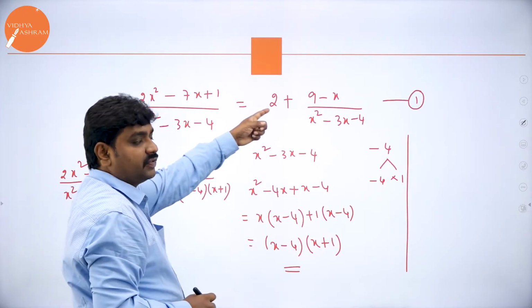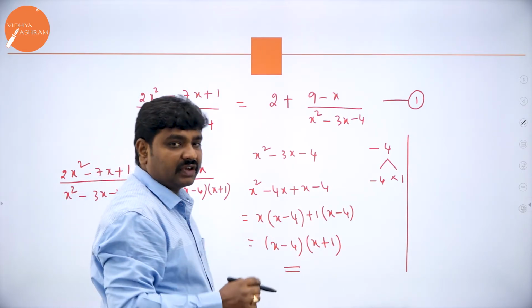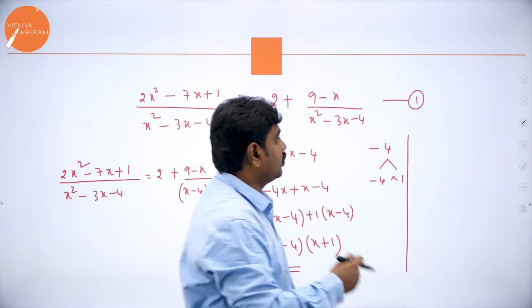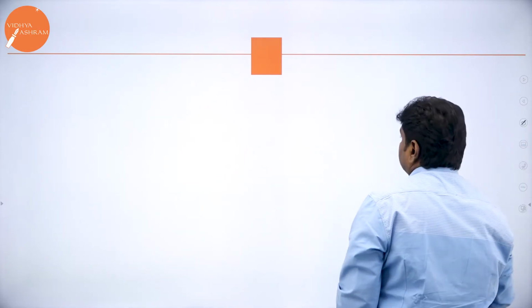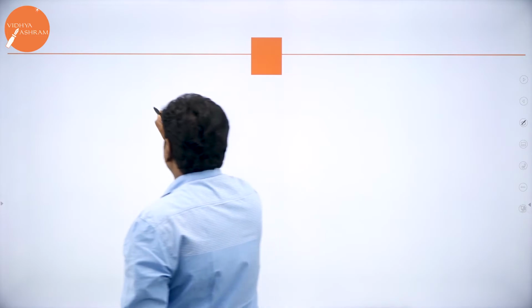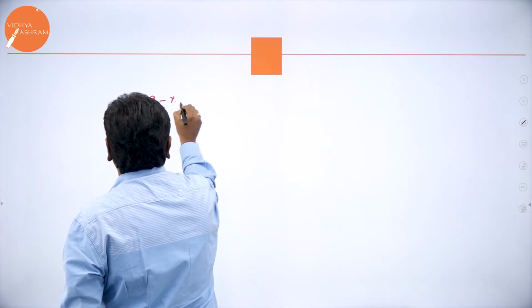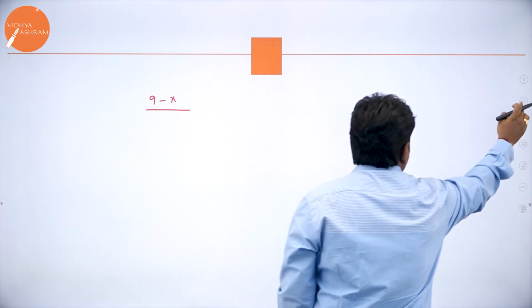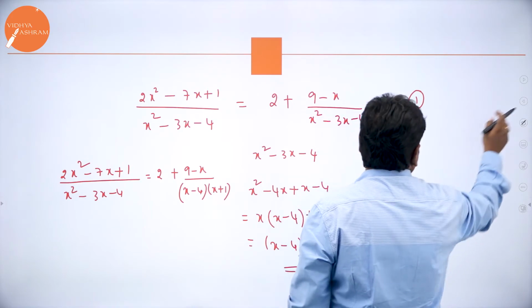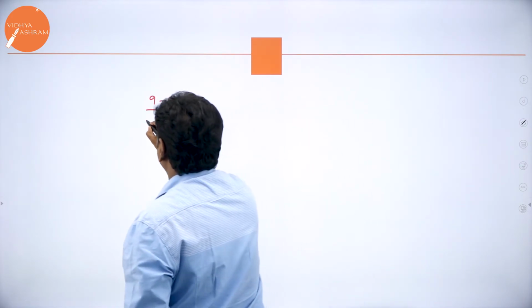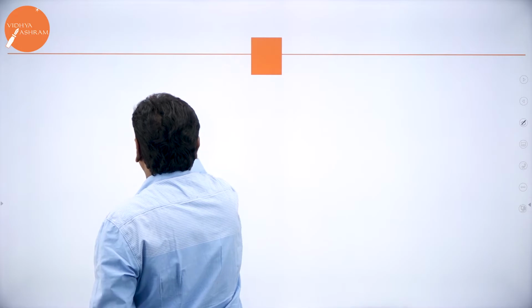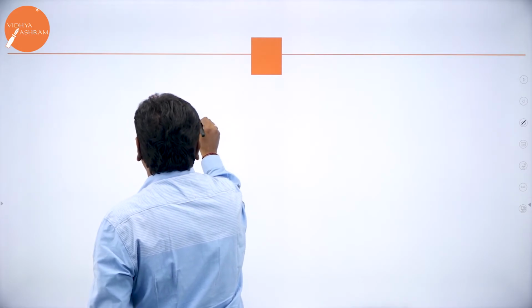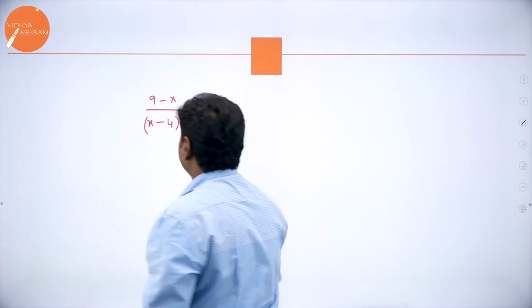So this was given, I wrote like this. Further we simplified. So going ahead, now we got 9 minus x divided by, if you see the past slide, the factors x minus 4, x plus 1. So this is what we got.